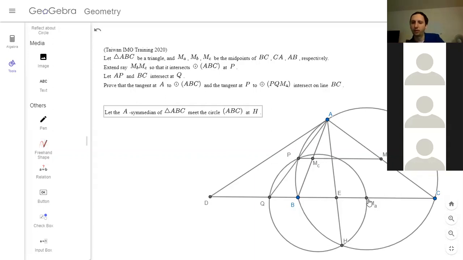So PHMA. So I'm trying to, so 180 minus A, it would be 180 minus A minus CHMA, right? So CHMA is BHA.